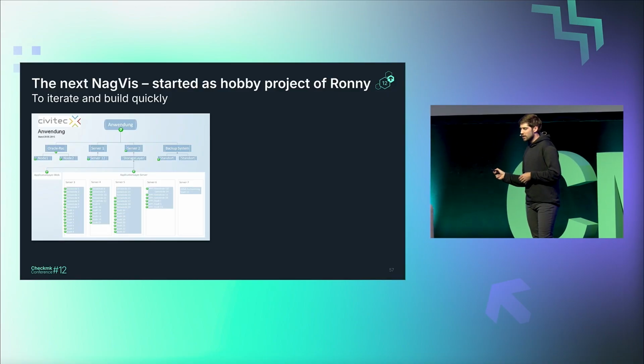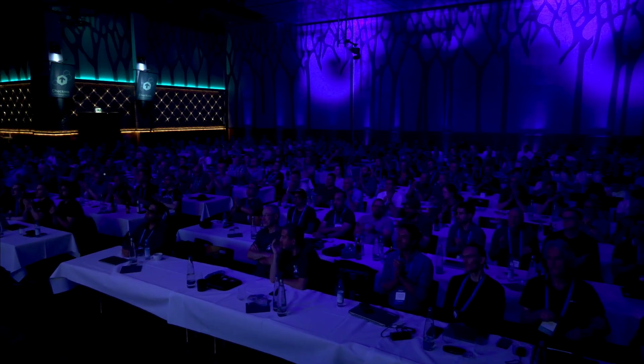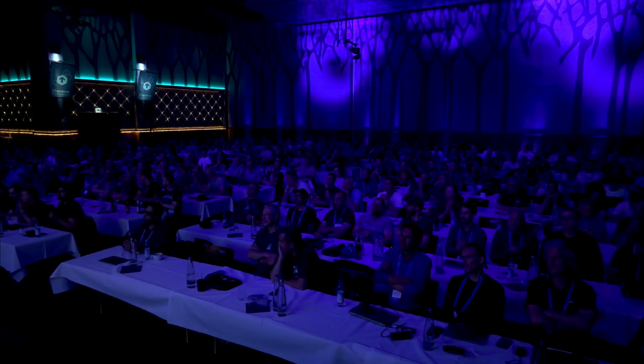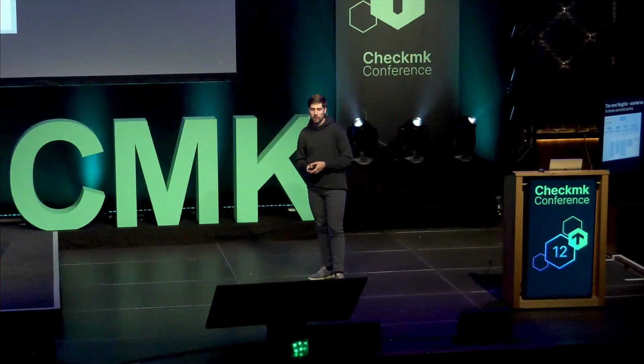What is very interesting is, and at this point really a shout out to Ronnie, one of our developers, because at the end it was something that was very important to him. He basically switched sides. He was a Checkmk user in the past, and he switched sides to becoming a Checkmk developer.